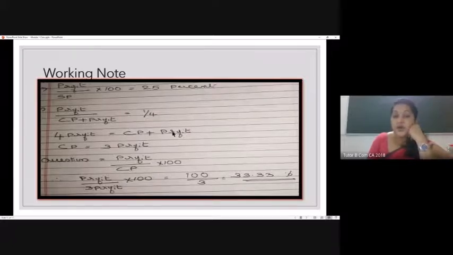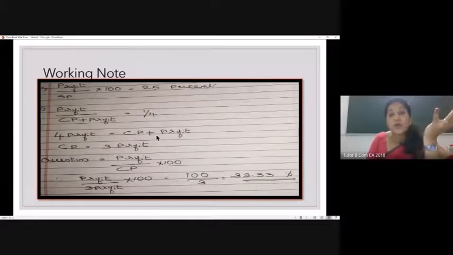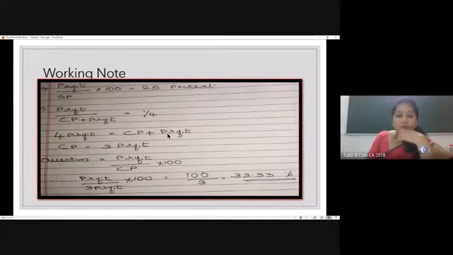So what did we do? In order to find out what its percentage on cost price is, we are trying to express profit in terms of cost price. As simple as that. We are trying to express profit in terms of cost price, because that is the only data which we have now with us, right? So what we will do, CP is equal to 3 profit. Now how did I get this? 4 profit minus 1 profit.